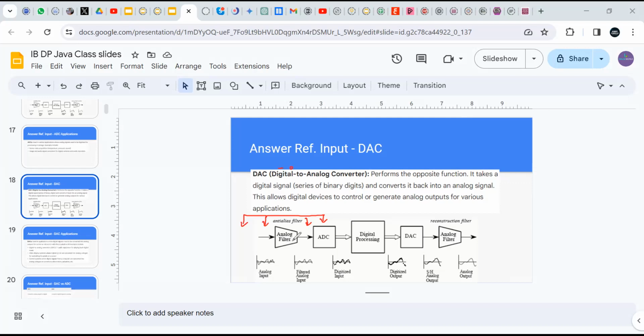So, okay, now we have an analog input that comes from a sensor, most probably. And this could be the output, and this is the processor. You told me the processor. Okay, so now first, you already know the function of ADC and DAC, right?